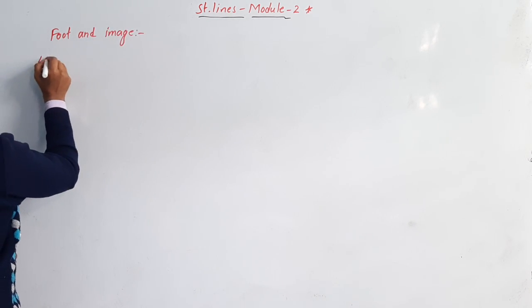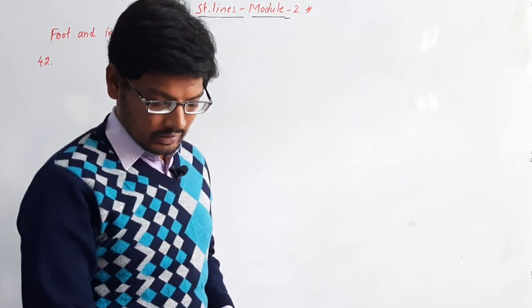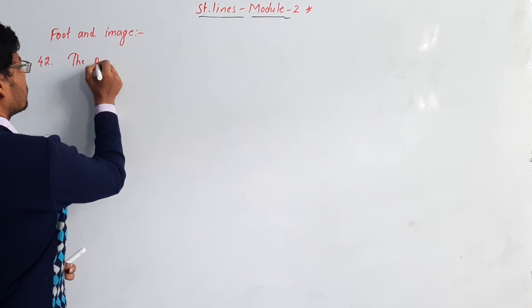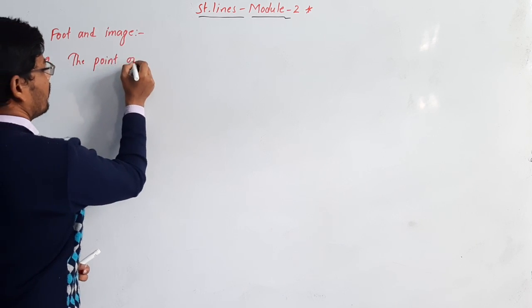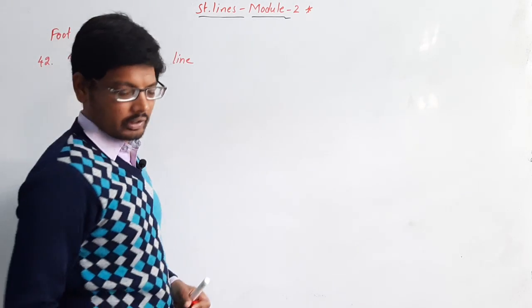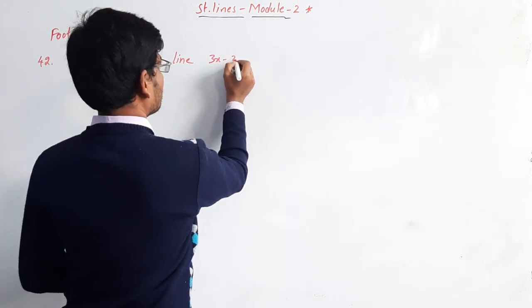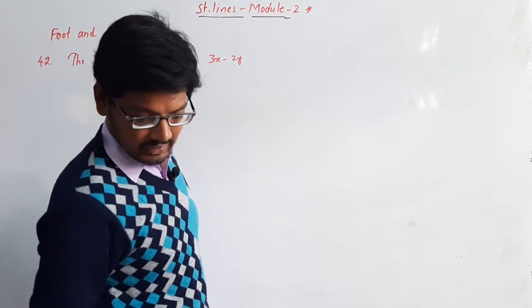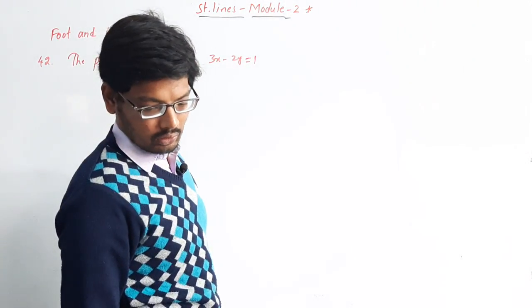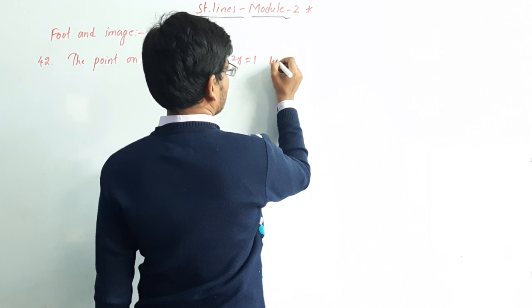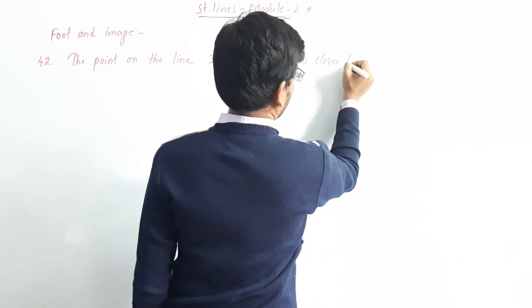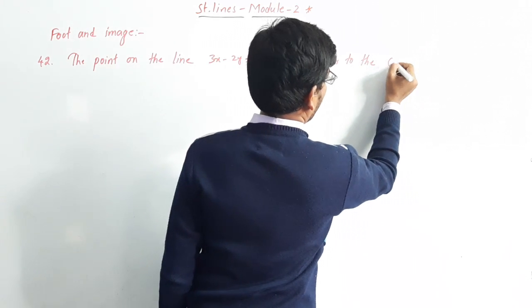The question is, the point on the line 3x minus 2y is equal to 1 which is closest to the origin.